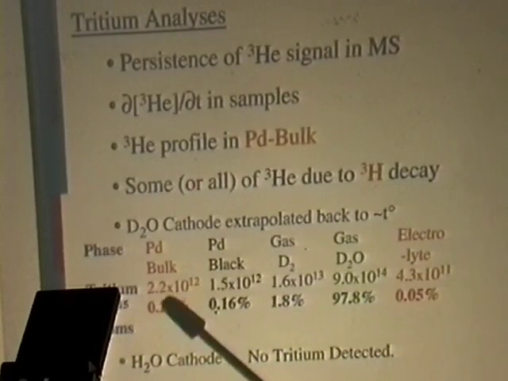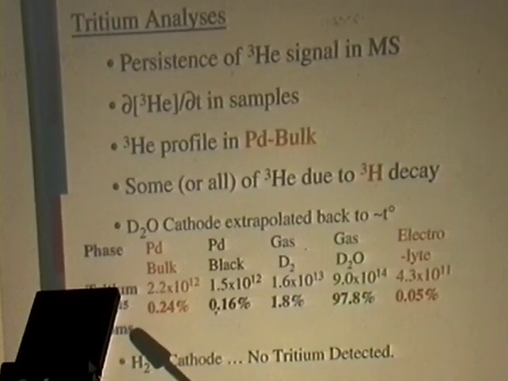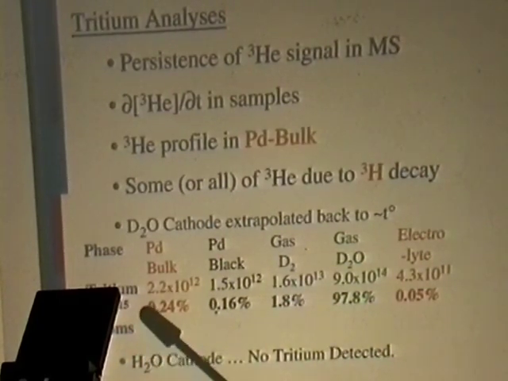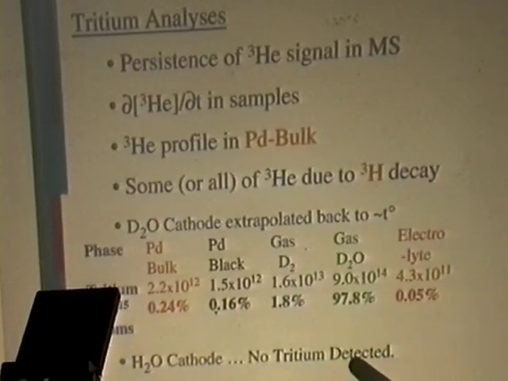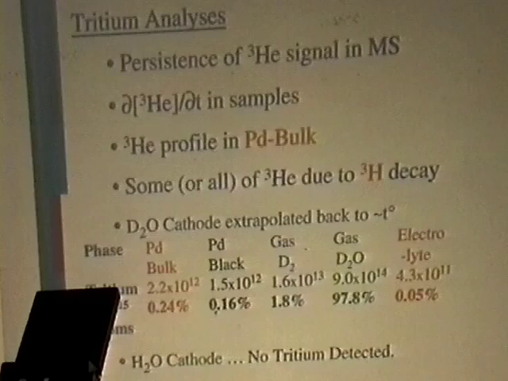You can see that the tritium that's present, if you do a mass balance, you total it all up, there's something like 10 to the 15th atoms of tritium in this system. Most of it, 97.8% of it, is contained in the molecular phase, which is on the inside of the void volume.